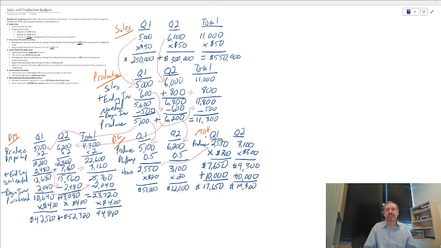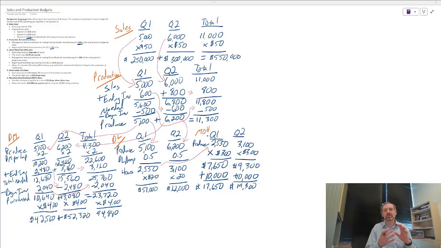These are the things that we can't directly trace to something, because it could be electricity. It's really hard to say this is how much electricity went into the lamp or this is how much rent went into the lamp.